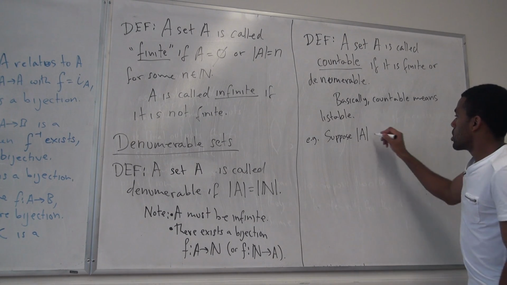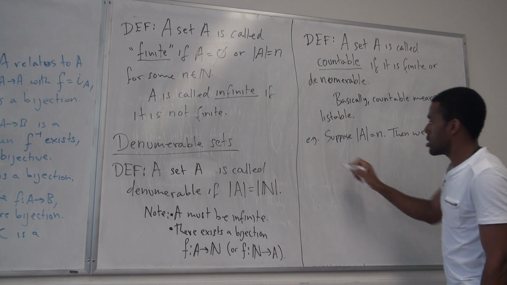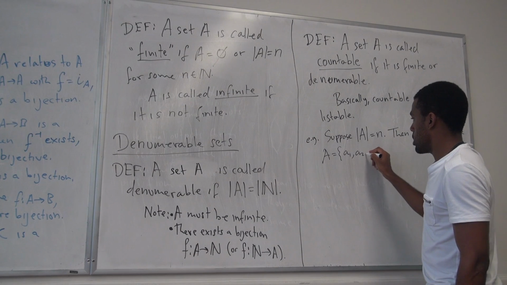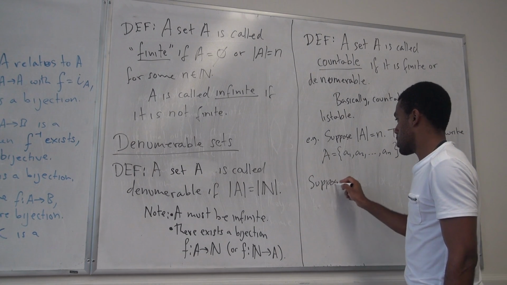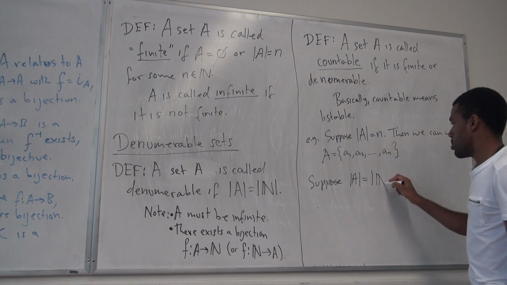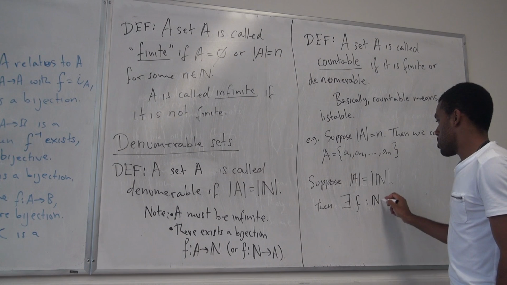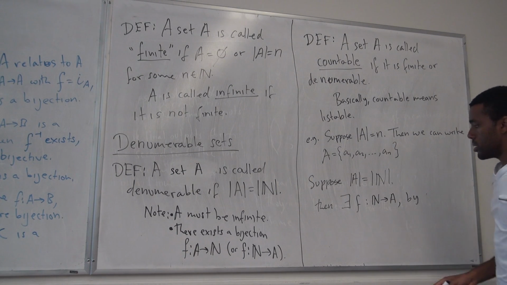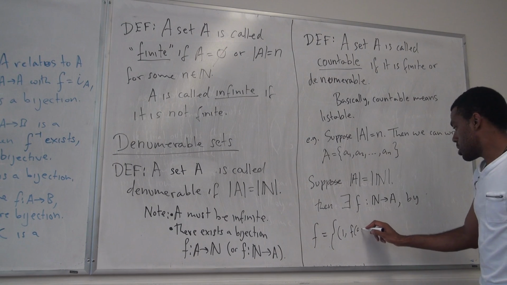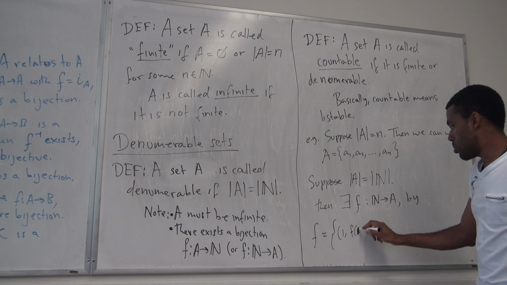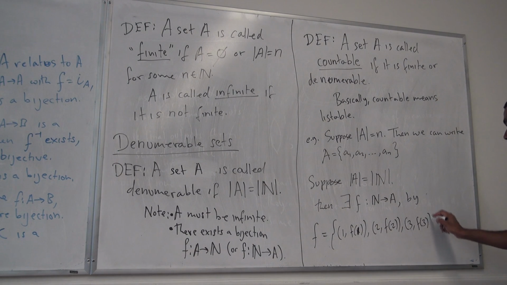Suppose A is finite, then a function from N to A: 1 goes to f of 1, 2 goes to f of 2, 3 goes to f of 3, etc.